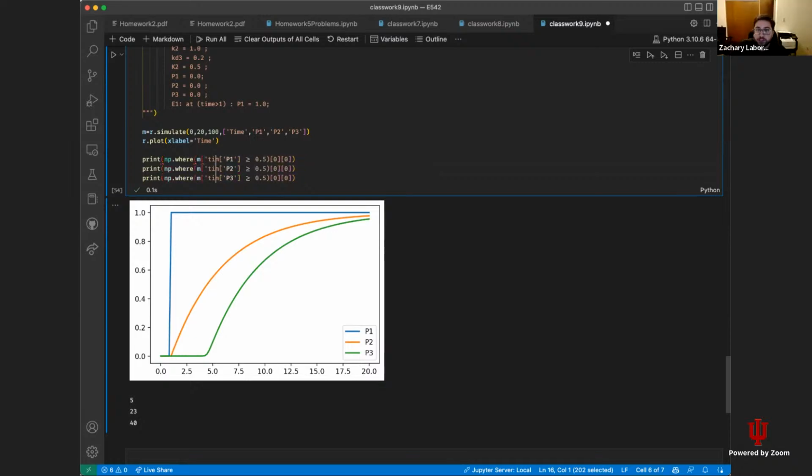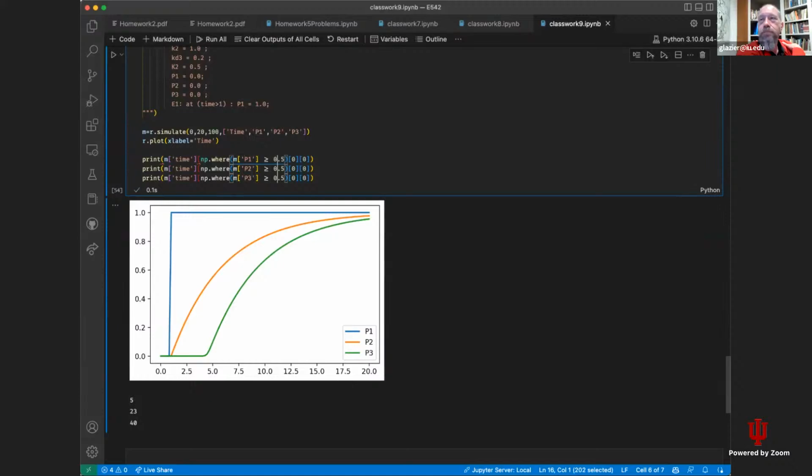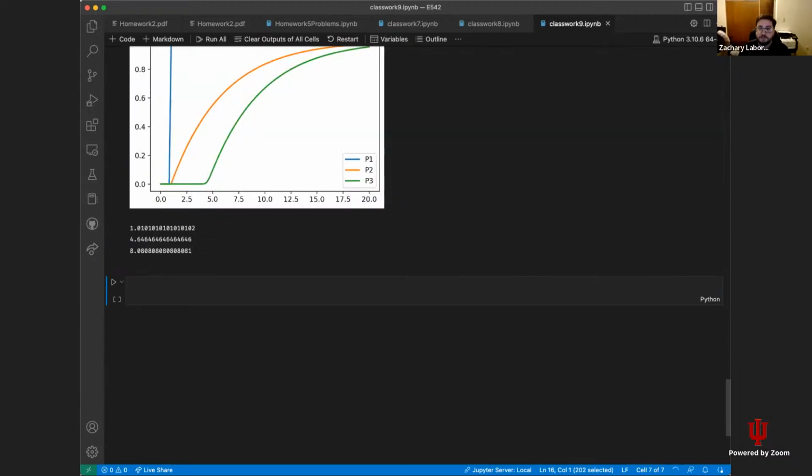Oh, right, so you want to pass that to the array. Yes, so it would be time, then the index. There you go. And then I get to the end. There we go.